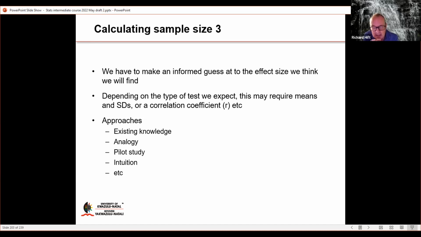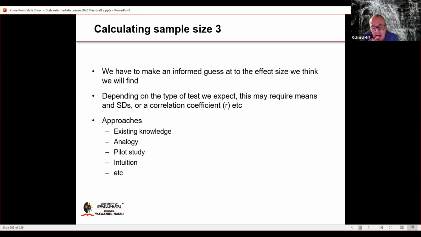Or you may do a pilot study and just say, well, I've tried it out in 10 rats. 5 lived for 8 months and the other 5 lived for 4 months. So I think it's reasonable to assume that in our big study, it'll be round about the ballpark of 4 months. Or you may just have to use intuition.